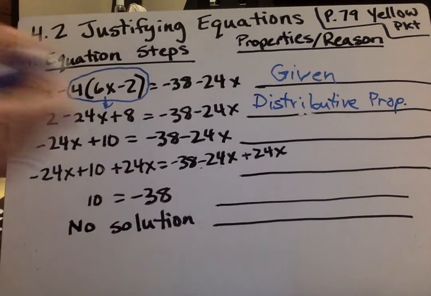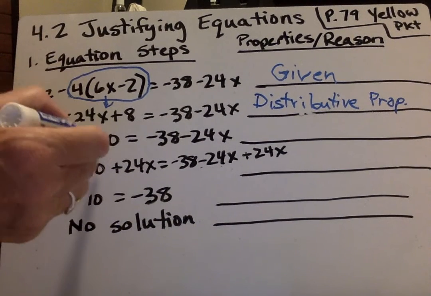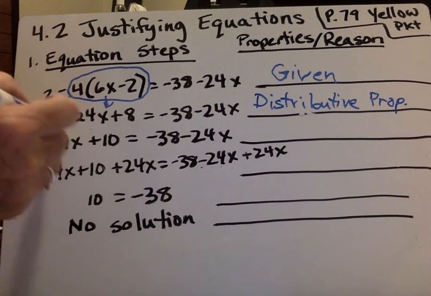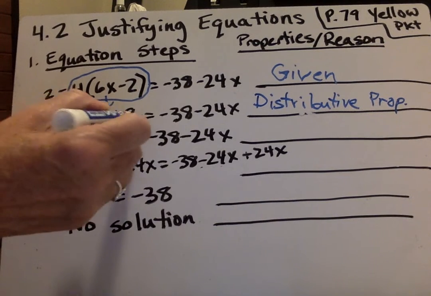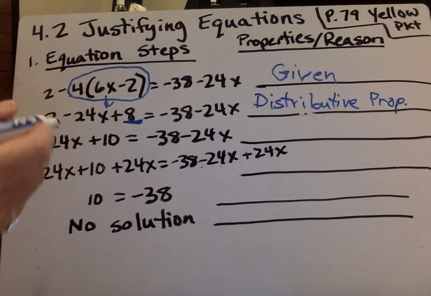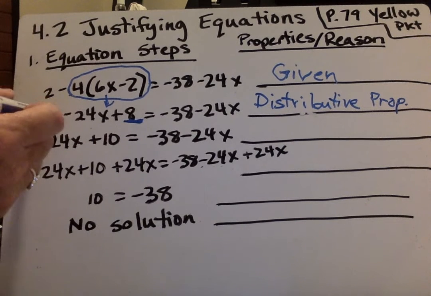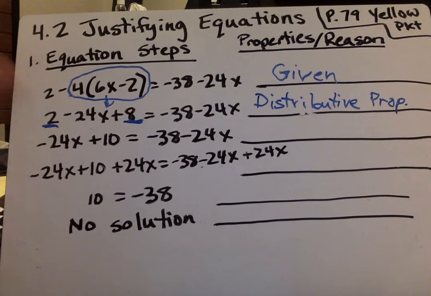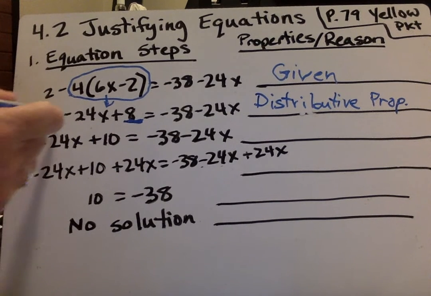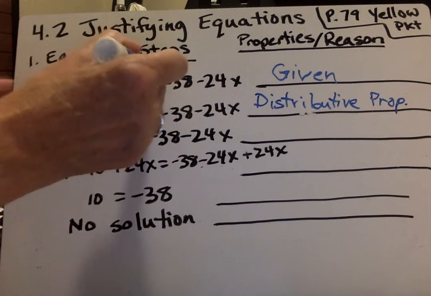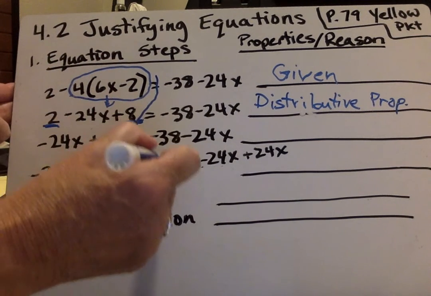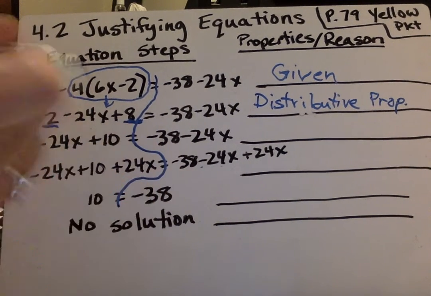Okay. Next, we're going to say what happened from here to here. Let's see. We had this 2 and this 8. Now, a common mistake that people make is they go 8 minus 2. There's not a subtraction sign in front of the 2. So when we add those two together, and again, they're on the same side of the equation, we're going to follow the equal sign all the way down like that.